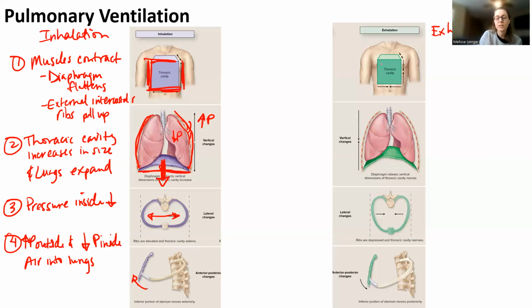During exhalation, this is a passive process. So one, all the muscles relax. Okay, so now our diaphragm is going to be curved. The external intercostal muscles all relax.